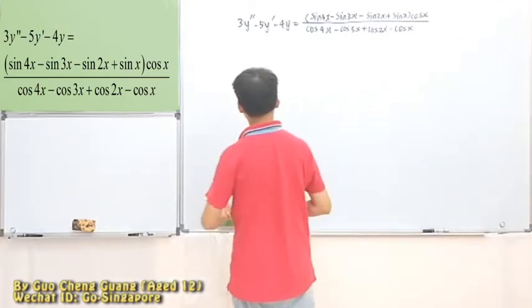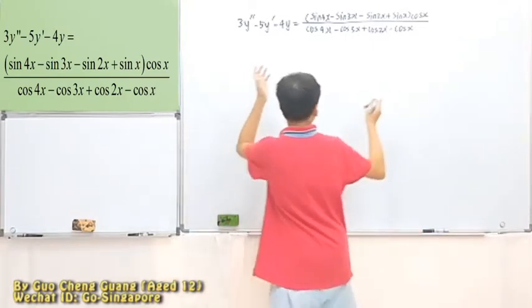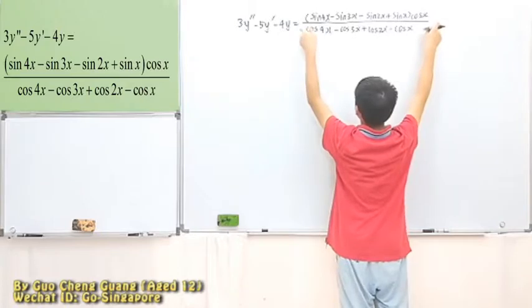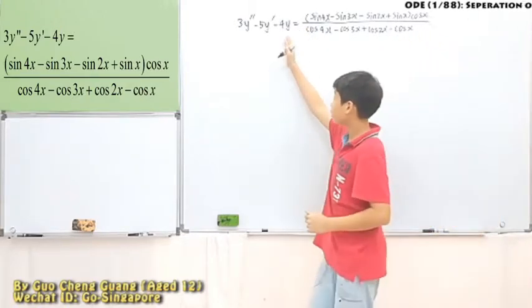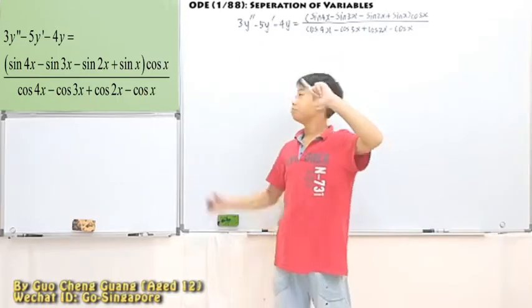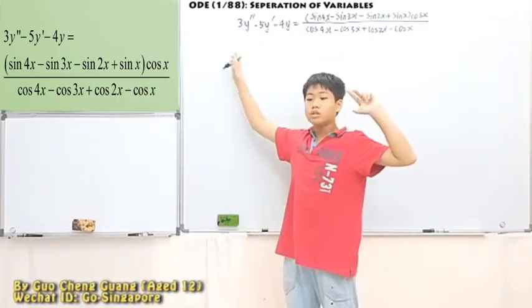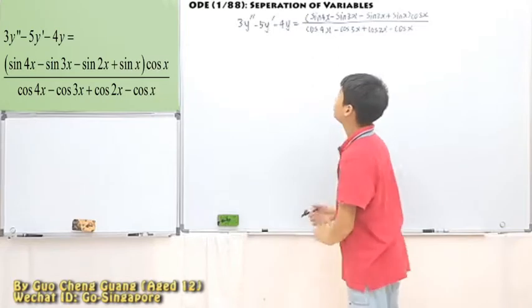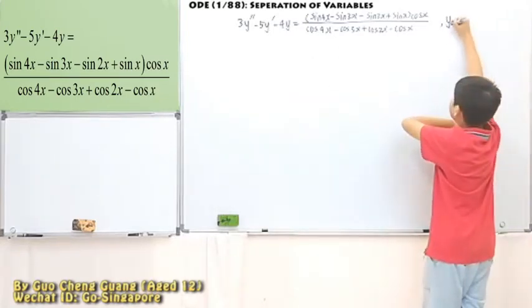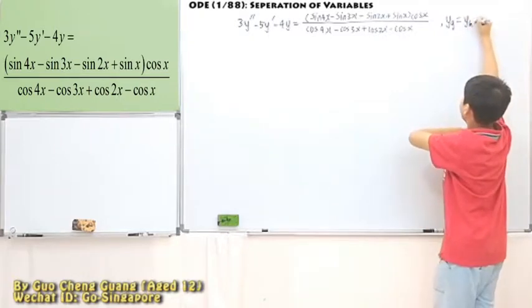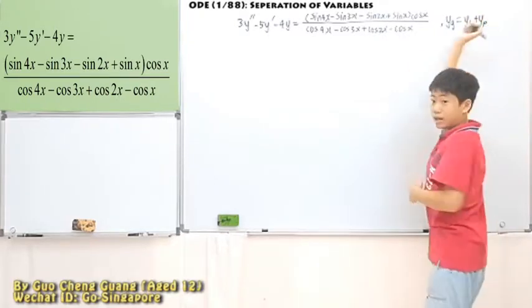Look at this long fraction. Of course, it is non-homogeneous. This is linear with constant coefficients. That means it will still be in the form yg, that is yh plus yp.